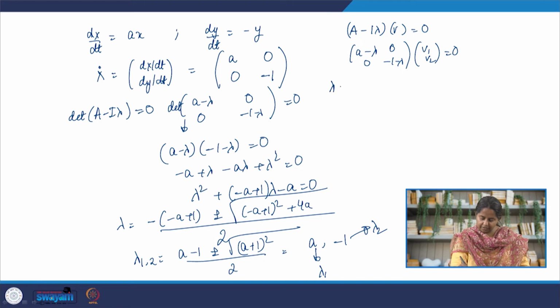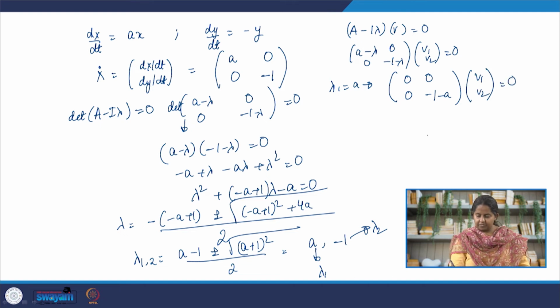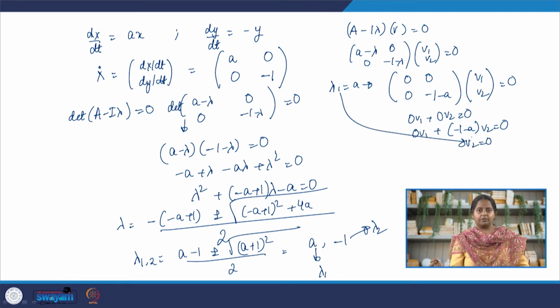So for lambda 1 is equal to a, again we get a system where the only meaningful solution is that V2 is equal to 0 corresponding to lambda 1 is equal to a.